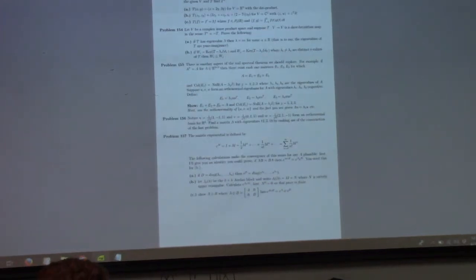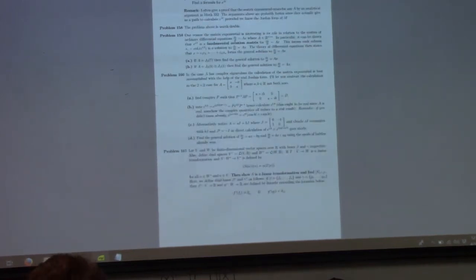I'll just leave you problem 157. So what did I get rid of? 152, 158, 159. Oh, wait, 158? No, 159, 160, 152. Let me reiterate: 159, 160, and 152. Those are skippable. Those are dead to us. Okay. Yes, skippable.